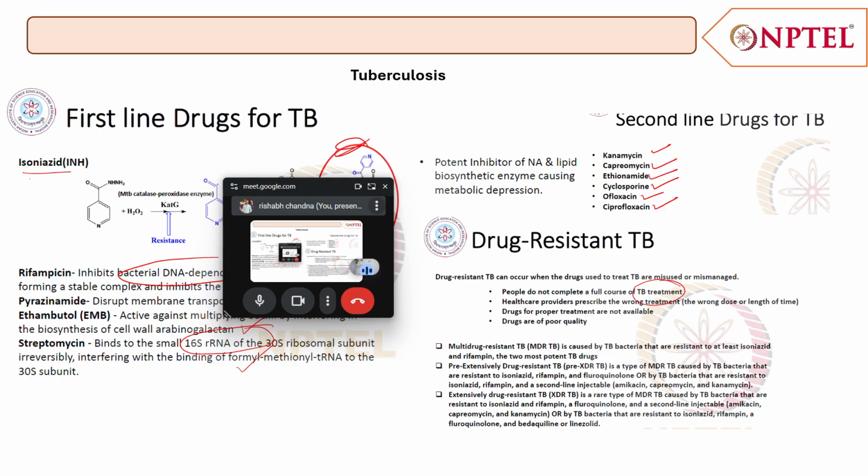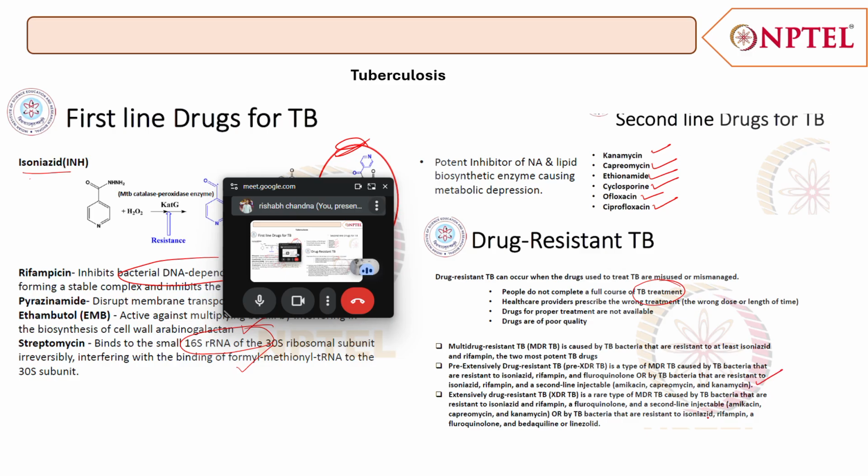The pre-extensively drug-resistant TB is a type of multi-drug resistant TB caused by TB bacteria that are resistant to isoniazid, rifampin, and fluoroquinolone, or by TB bacteria that are resistant to isoniazid, rifampin, and second-line injectables amikacin, capreomycin, and kanamycin.